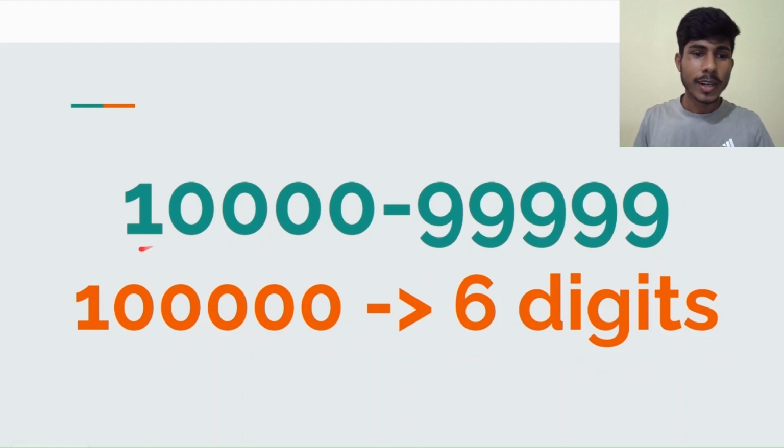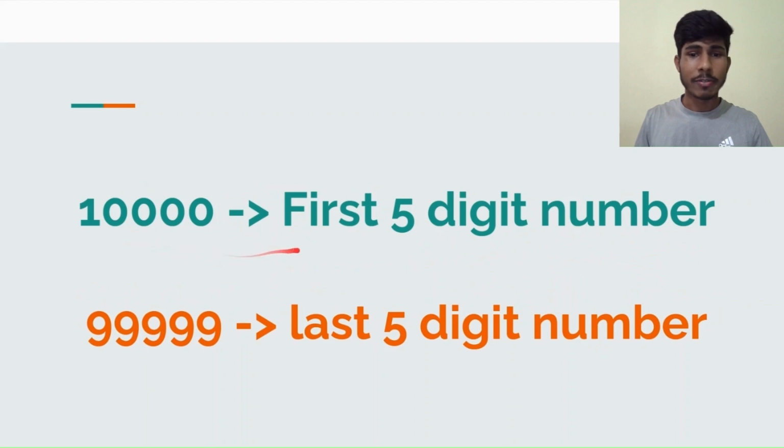You can clearly notice that this is the first 5-digit number, and this is the last 5-digit number. So it will be the smallest one, it will be the largest one. So 10,000 is our first 5-digit number, and 99,999 will be our last 5-digit number.